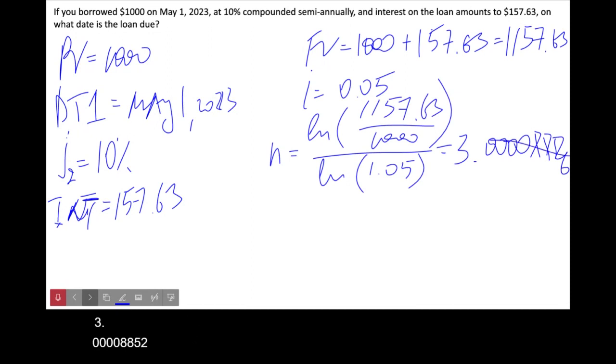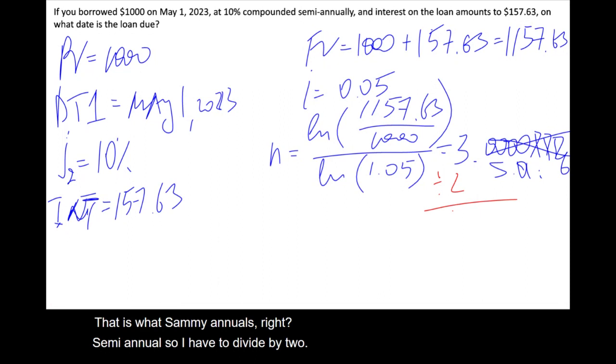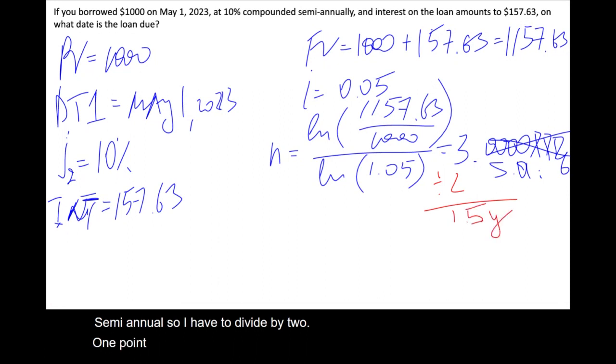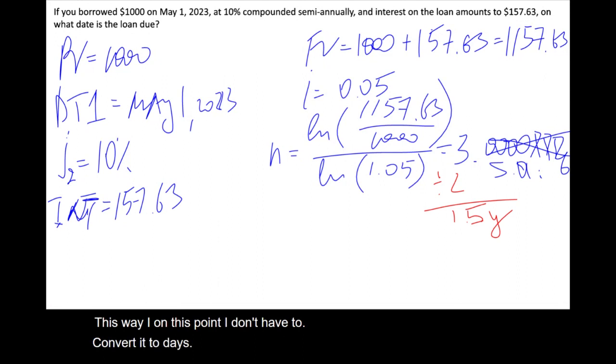That gives 3.000088526, so I can drop this. That is in semi-annual periods, right? So I have to divide by 2, which gives 1.5 years. At this point I don't have to convert it to days; I can use 1.5 years.